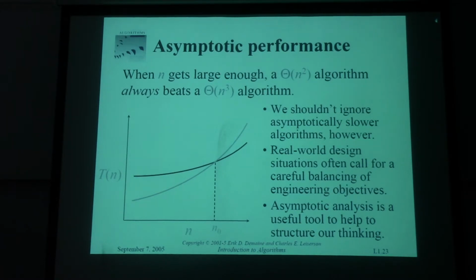In some cases you can see that this n cubed algorithm starts right here and then goes like this, and this n squared algorithm goes like this. They're both going to infinity, but which one is really going to go to infinity more quickly? n cubed, even though in the beginning it's lower.